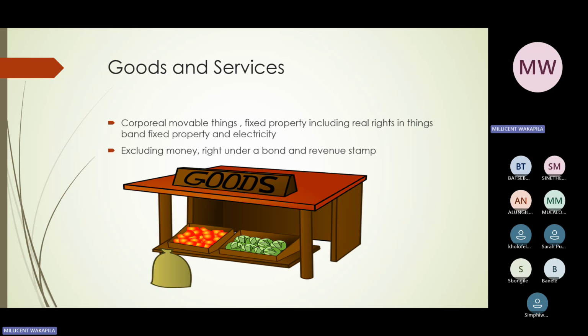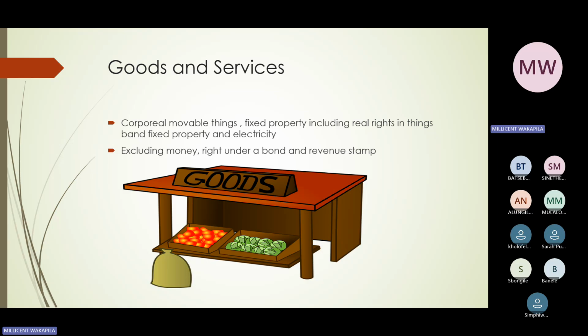I put this one here because electricity is a good, right? You can pay VAT on electricity, right? The things that you can't pay VAT on are money, a right under a bond, or a revenue stamp. Those are excluded from goods and services, right?